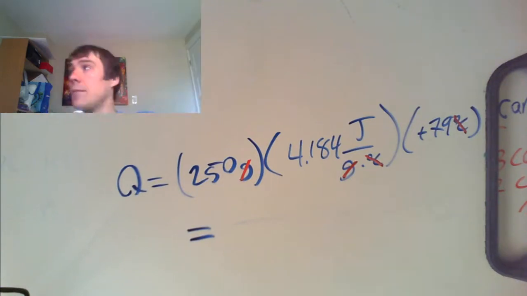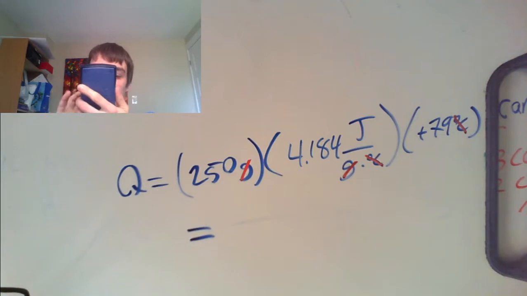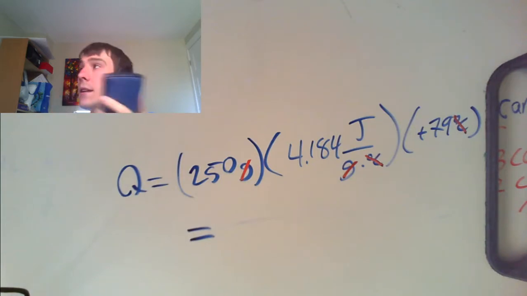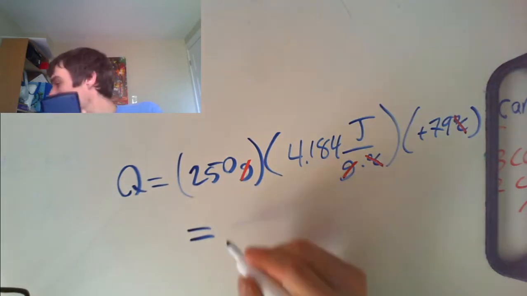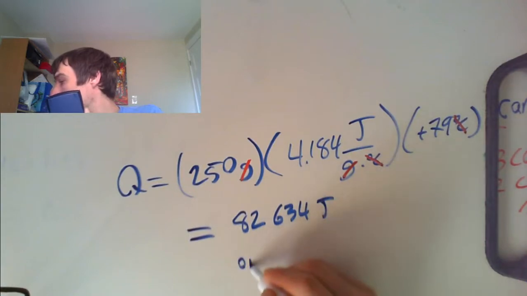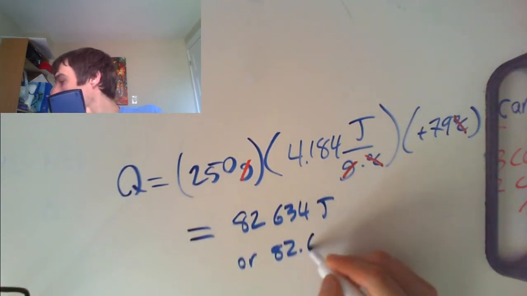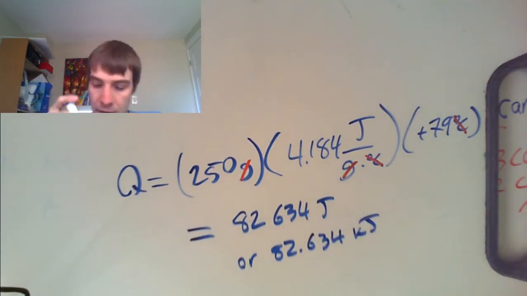So get the calculator. 250 times 4.184 times 79, 82,634 joules, or 82.634 kilojoules. There we go.